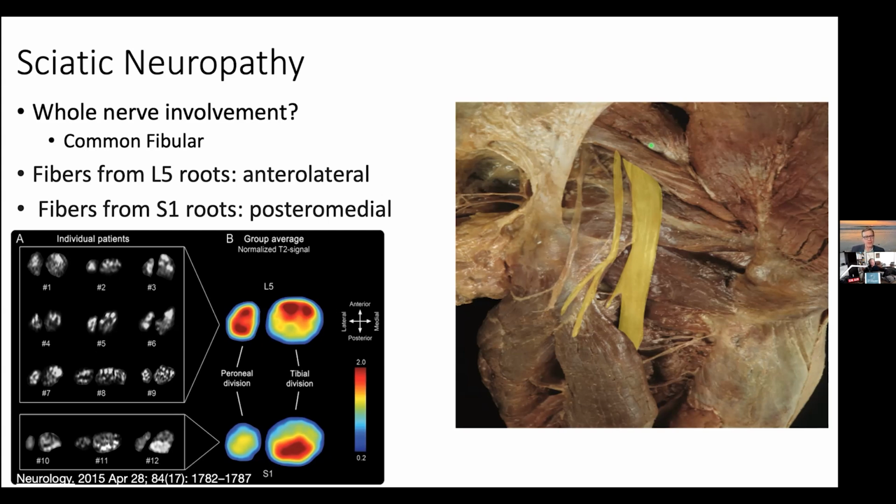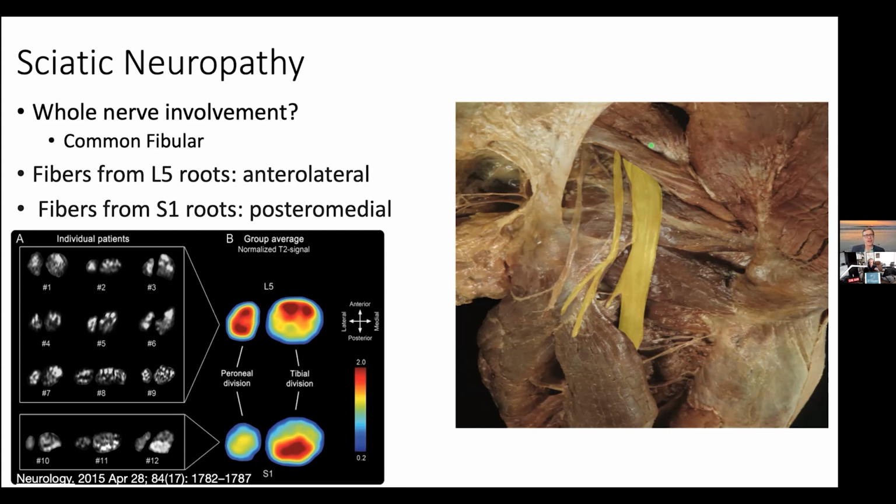I think you're spot on there, because I was looking at variability of the sciatic a while back, and it can have a high division of the common and the tibial even before it gets to the piriformis. I forget the percentage of time, and then one branch can pierce through the piriformis, and then the other branch can be inferior to the piriformis. And that's exactly where I was going.